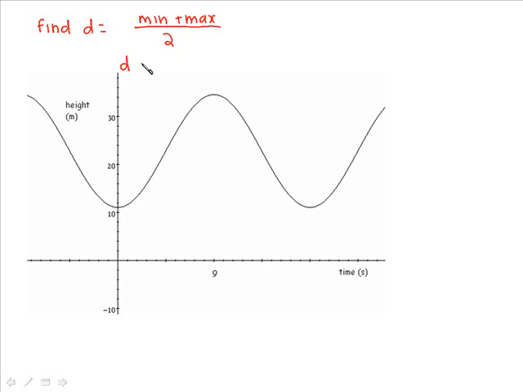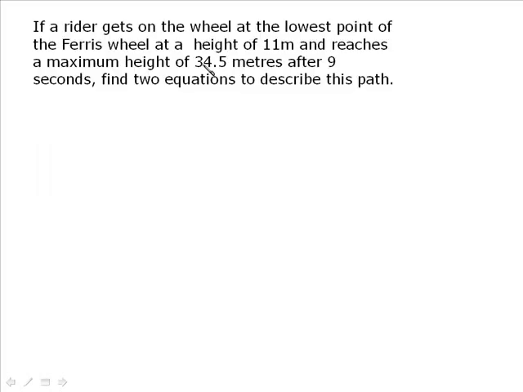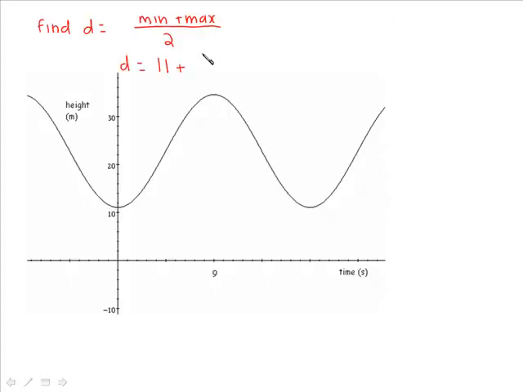So D is equal to the minimum value of 11 plus the maximum value. If you go back to the previous description, they say it's 34.5, and then divide by 2. And all you're doing is getting the midpoint.